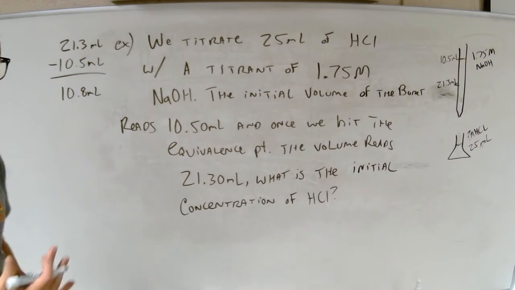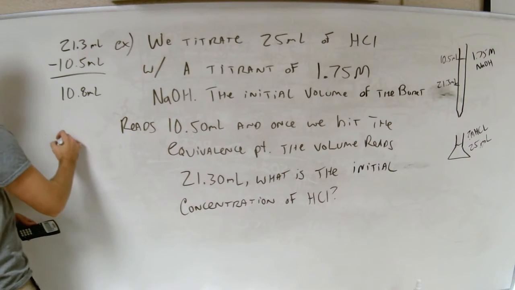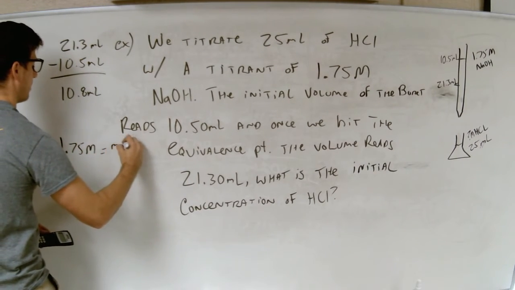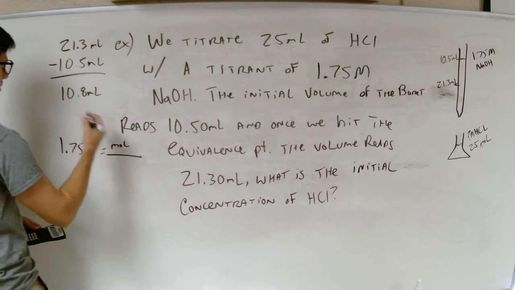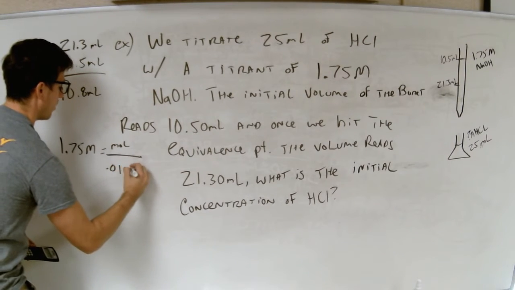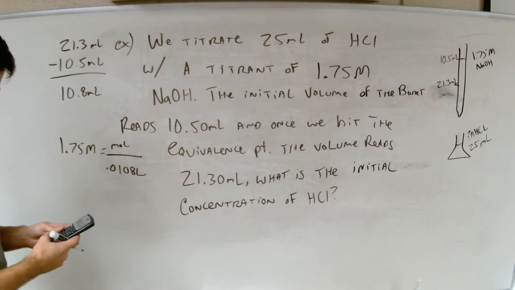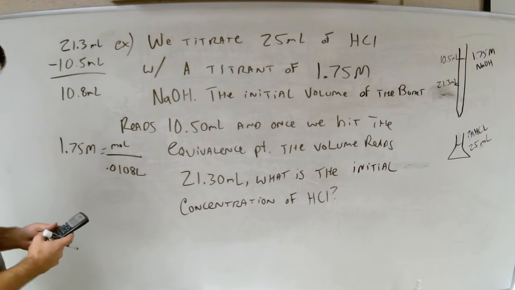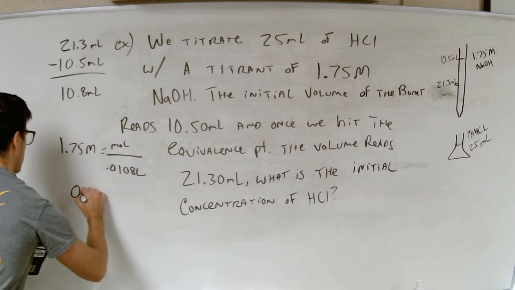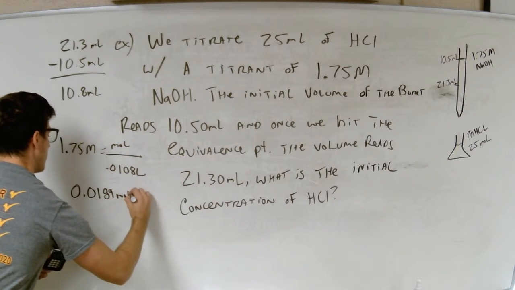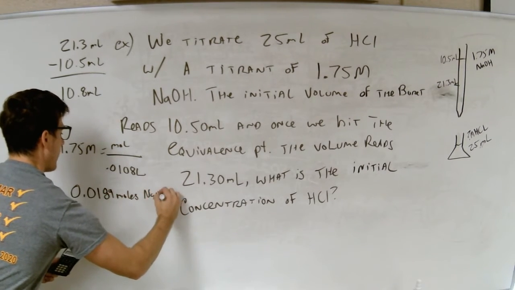Well, let's figure out how many moles that is. Again, my molarity is 1.75. My volume is 0.0108 liters. So we'll do 0.0108 times 1.75. I get 0.0189 moles of NaOH.